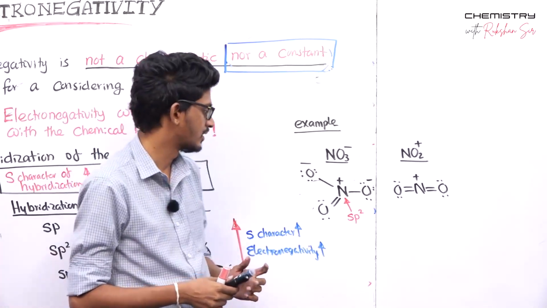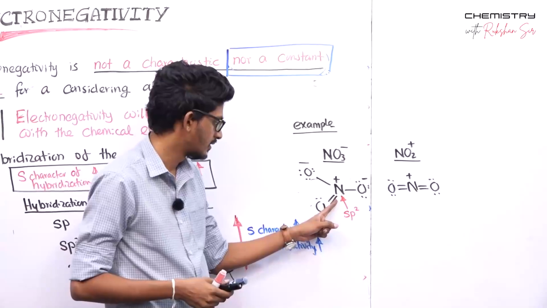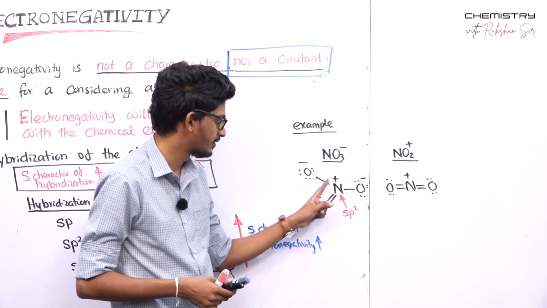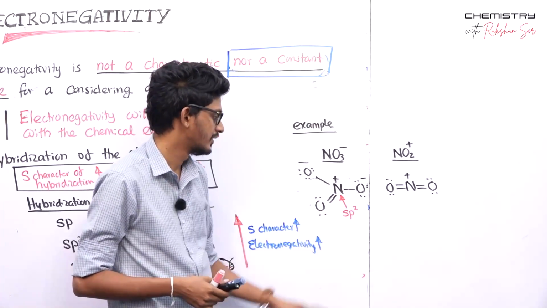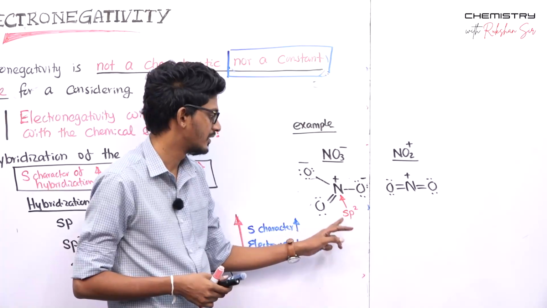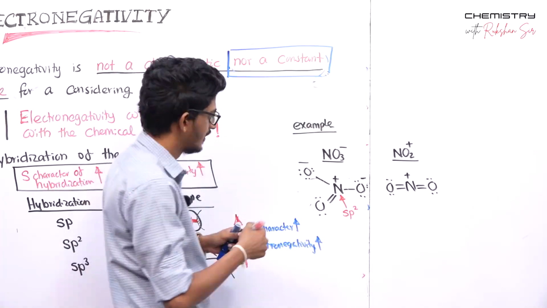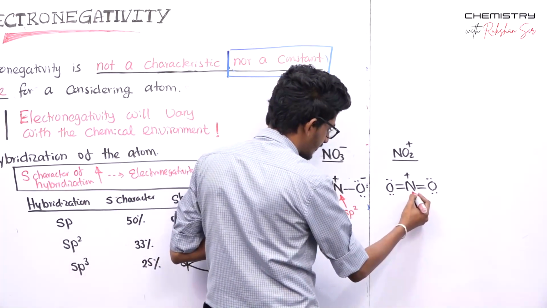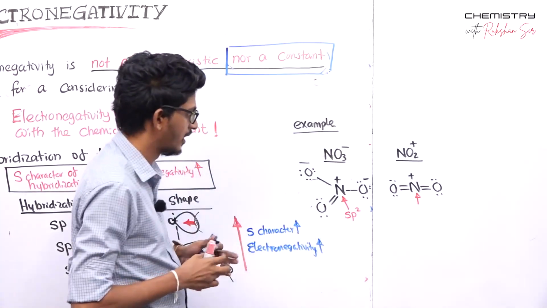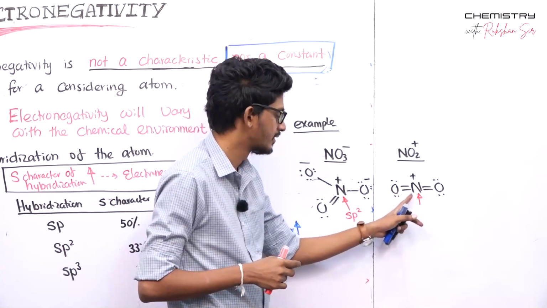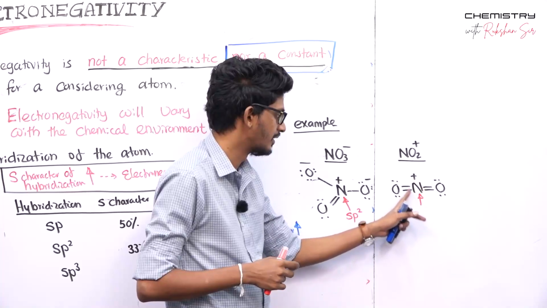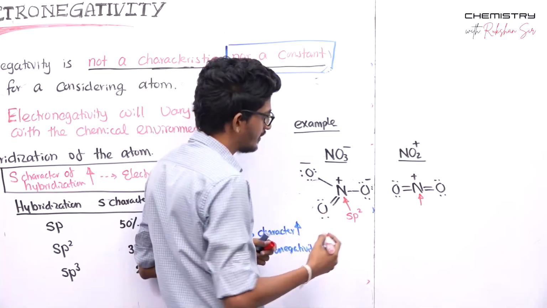Here, the summation of sigma bonds and lone pairs: 1, 2, 3, 3 sigma bonds and no lone pair. 3 units, that means s and 2 p's, sp2. Here, only 2 sigma bonds, no lone pairs around the nitrogen. So just 2 units, that is sp.